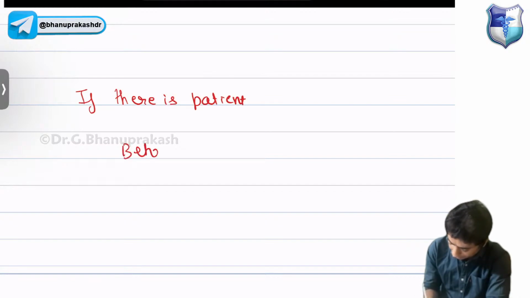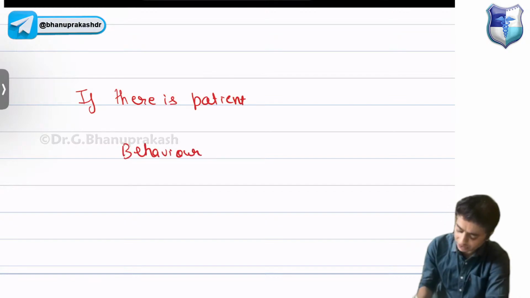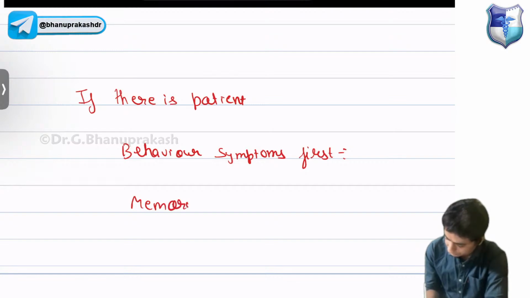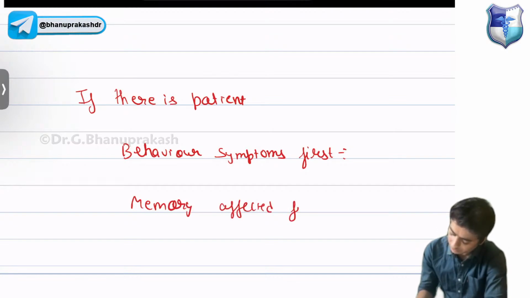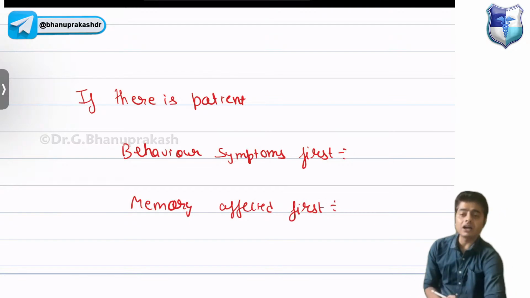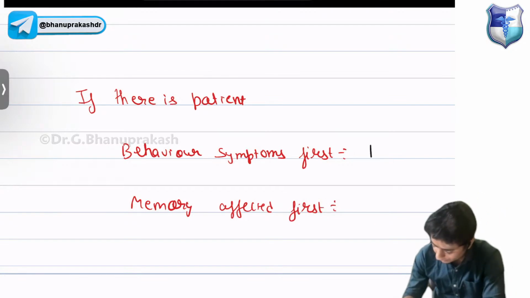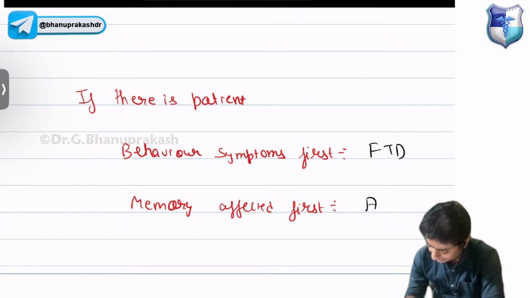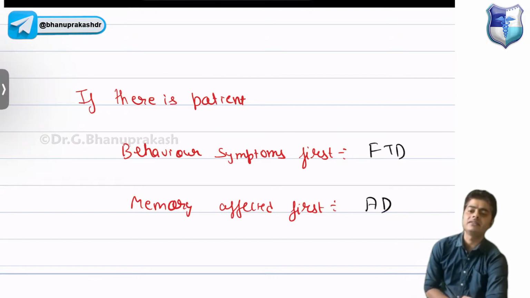So if there is a patient who is having behavior symptoms first, and there is another patient in whom memory is affected first. If behavior symptoms come first, it means it is FTD. And if memory symptoms are affected first, then it means it is Alzheimer disease.